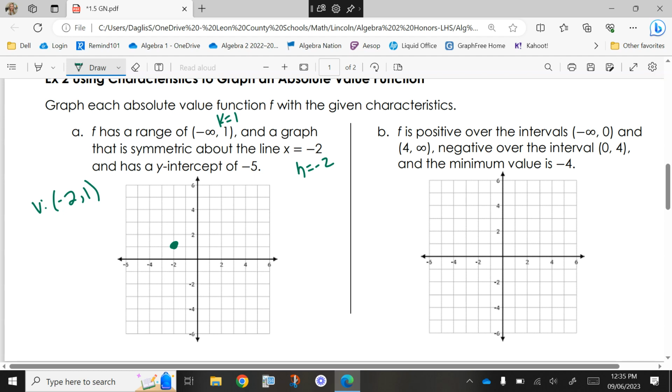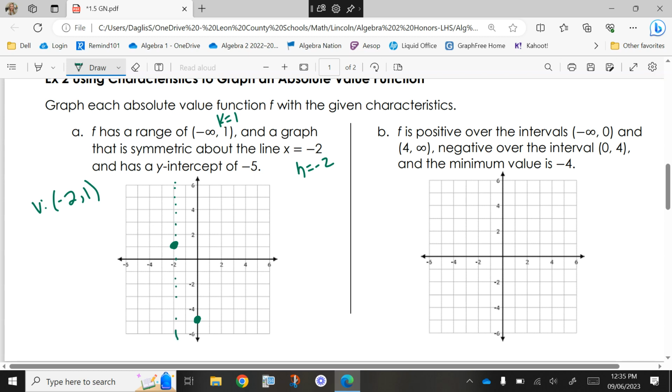All right, and it has a y-intercept of negative 5, okay? So I know it crosses this point, but that's not a V. What can we do? If I know one point on one side, can't you do its reflection point on the other side? And what are we reflecting over?